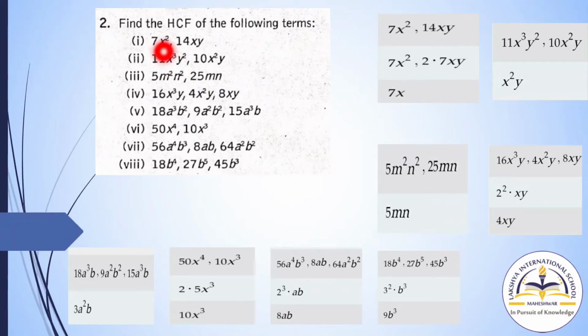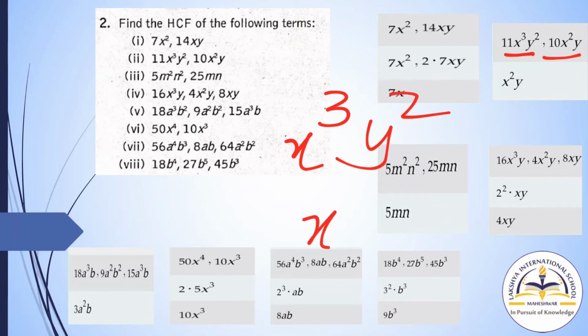Second, 11x to the power 3 y to the power 2 comma 10x to the power 2 y. Now here again you have to find out which is common in both the terms. First we will check the variables. Here it is given x cube y square, and in the second term x square y is given.